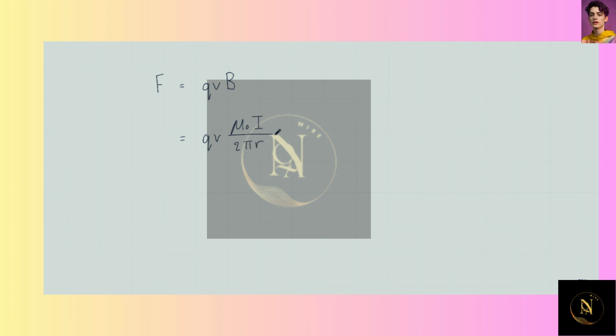Now we are given the distance between the plane and the wire, so that will be r. Now if we find the acceleration, we know that by Newton's second law, the acceleration A is equal to the net force which is acting on the plane divided by its mass.